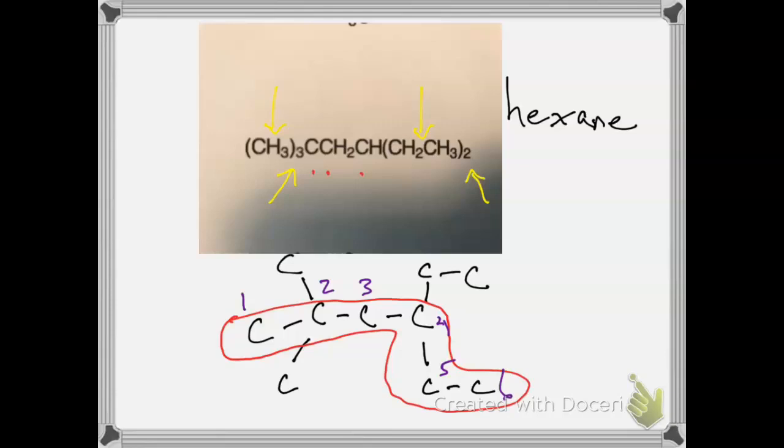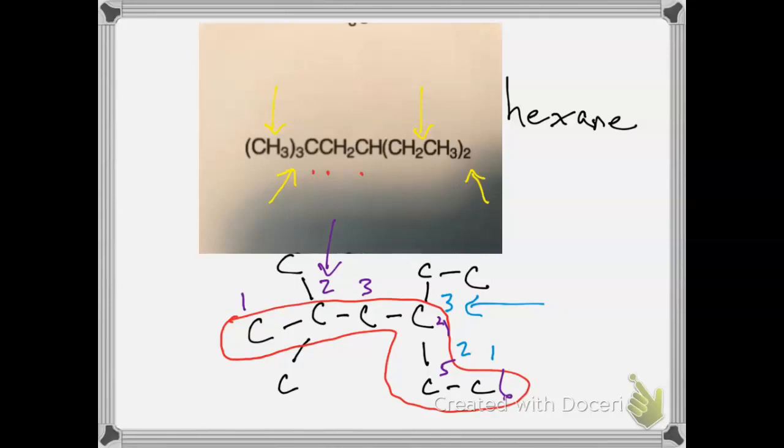Maybe I should actually show you that. I'll choose a different color. Let's see, I'll try blue. So if I had numbered this way, 1, 2, 3, you'll notice that the very first point of difference happens on carbon 3, relative to the one that I showed you before, where the first point of difference is on carbon 2.